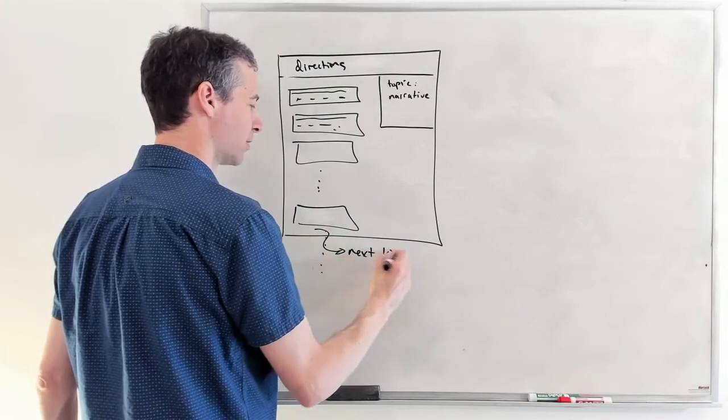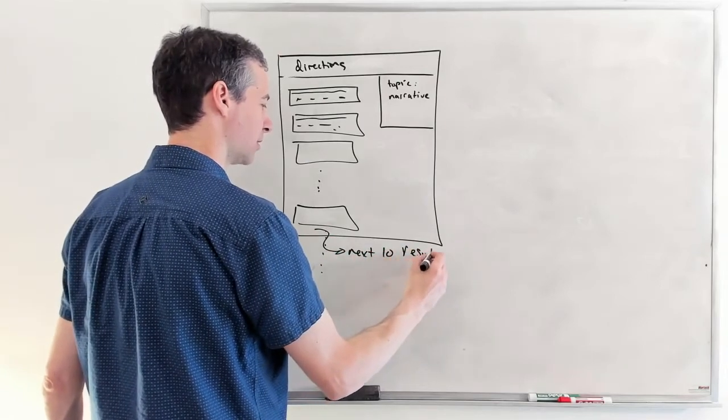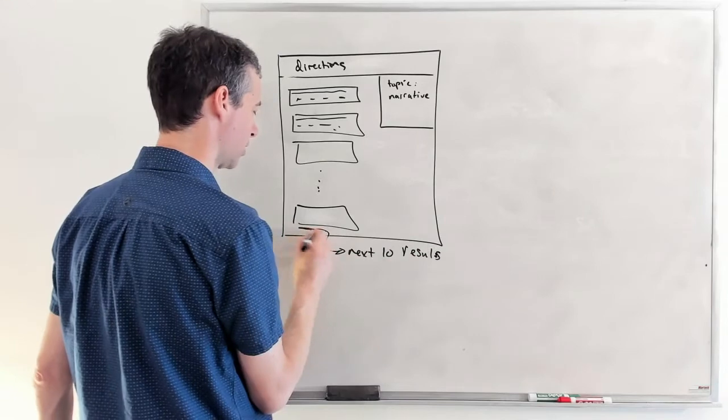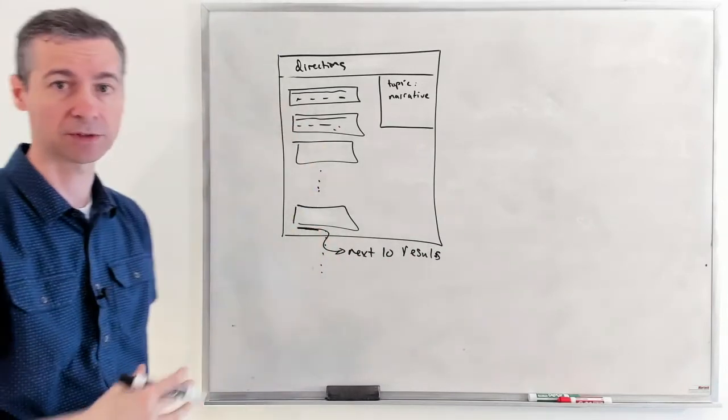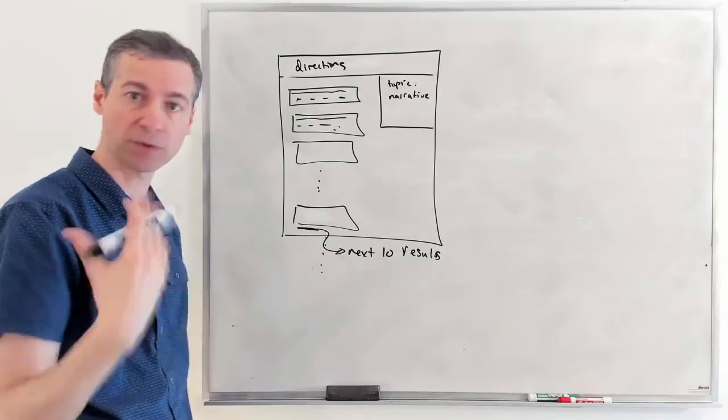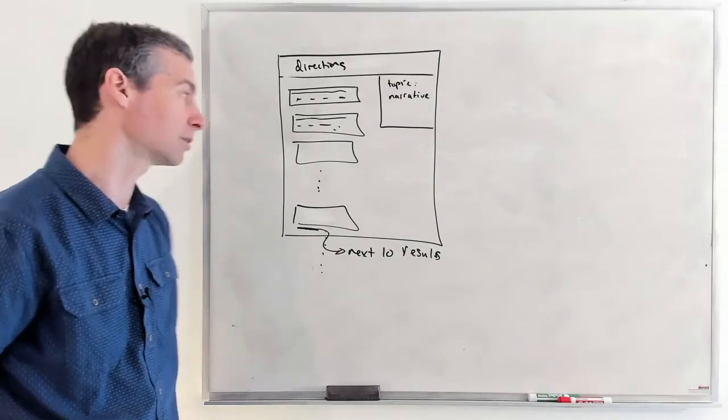Anyway, next 10 results. There was a link at the bottom of the page where you could click and say, give me another 10 results, and it would give them another 10 results and another 10 results. So you could keep going on down the rank list.